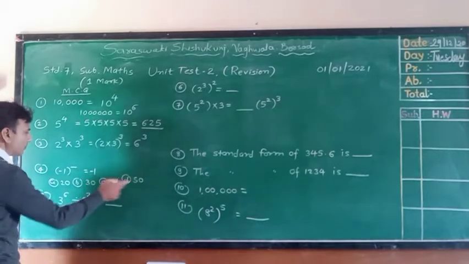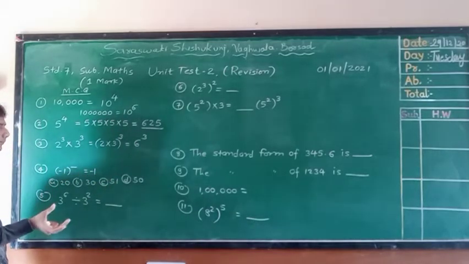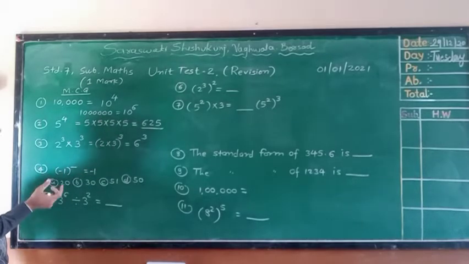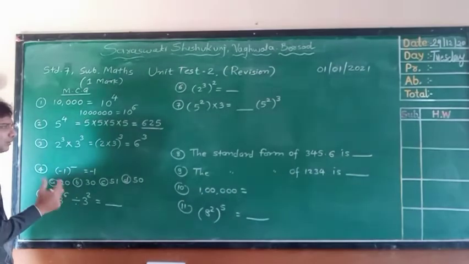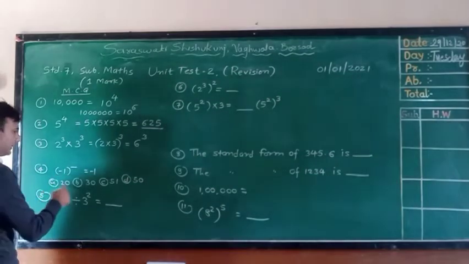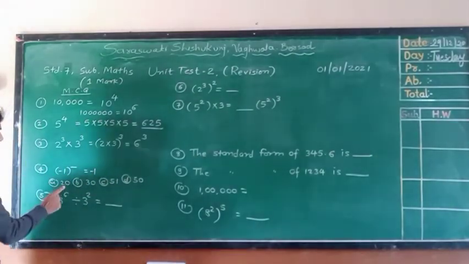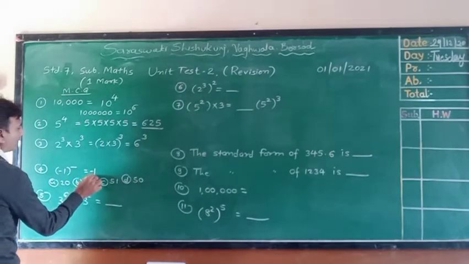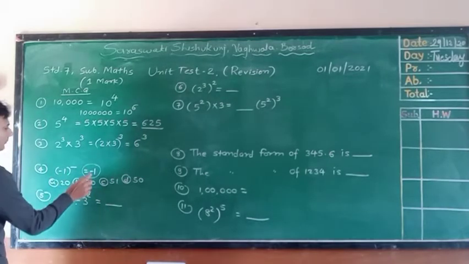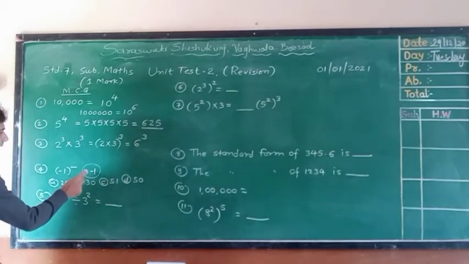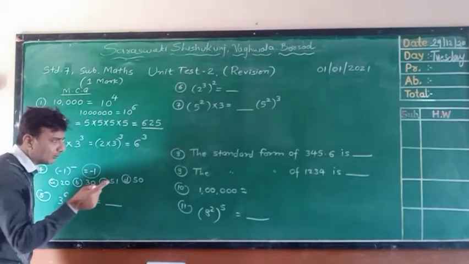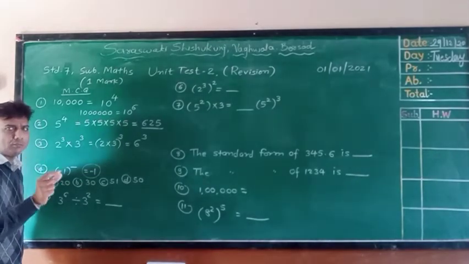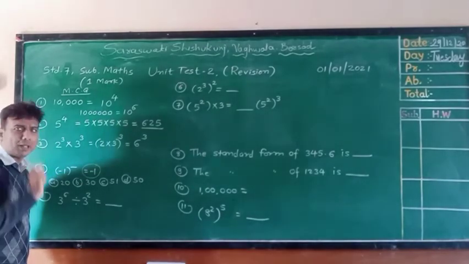I have written some options here, because odd numbers and even numbers are both infinite, so we don't know which number to put here. We require a minus answer, so in short we have to keep in mind that we have to put an odd number in its power.